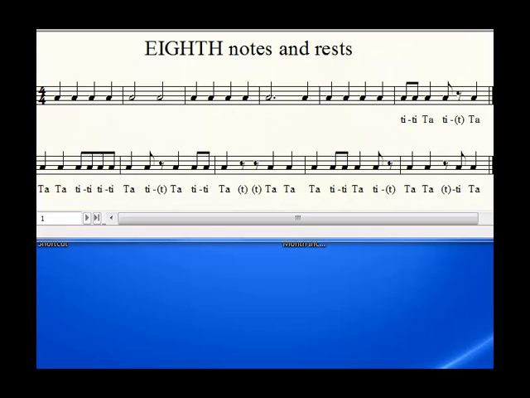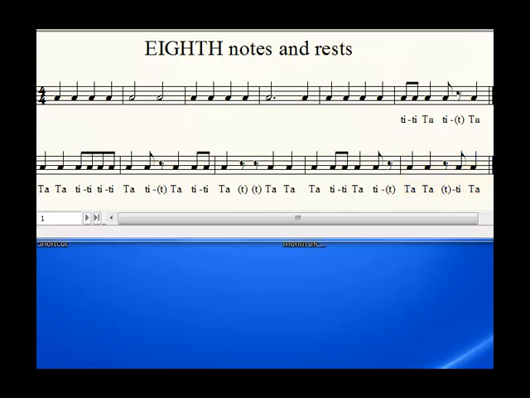1, 2, here we go. Ta, ta, ti, ti, ti, ti, ta, ti, ta, ti, ti, ta, ta, ta, ta, ti, ti, ta, ti, ta, ta, ti, ta.